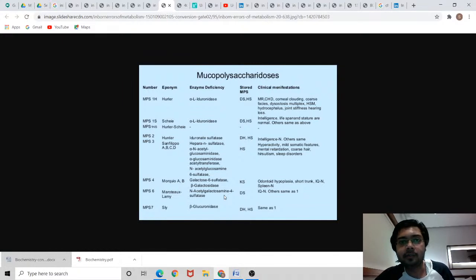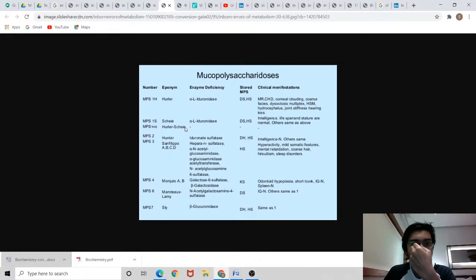Many times our mind feels bored by watching the mobile, the videos and the notes that we read. So for taking a break you can just play with your brain by watching the stuck papers in front of your wall. And MPS7 was Sly, where beta-glucuronidase is deficient.